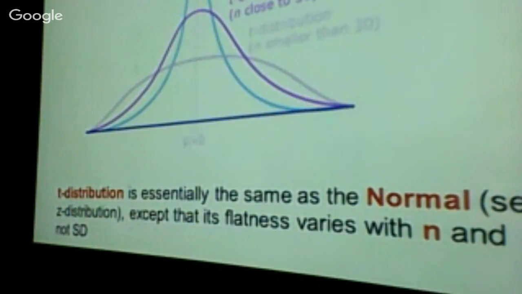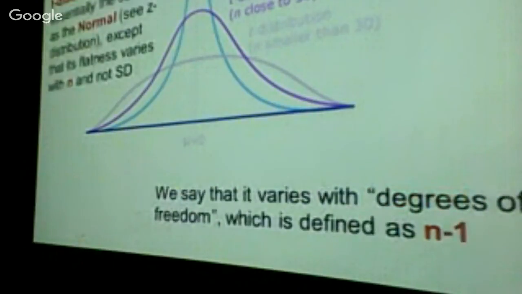It allows us to have flexibility with respect to the number of people in our sample, because the number of people in our sample determines the accuracy of our estimate. So here we go. We say that it varies with the degrees of freedom, and the degrees of freedom is just n minus 1. It's a lot, I know. But it's important to know that right now, because in the second half of this class, we'll be doing a lot of work with degrees of freedom when we do things with ANOVAs and other kinds of multivariate methods.